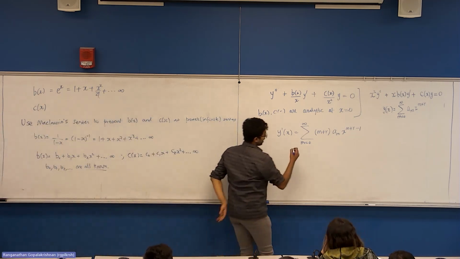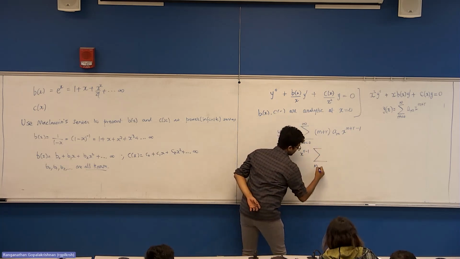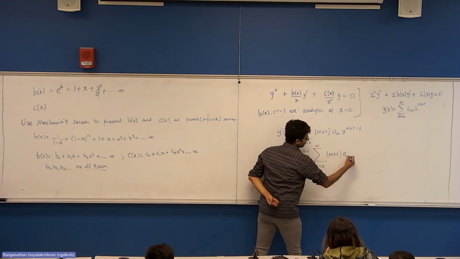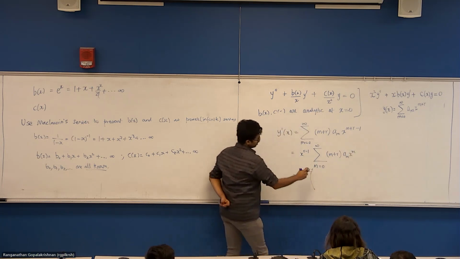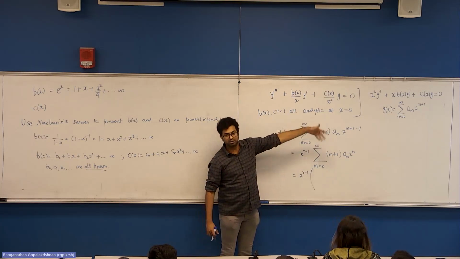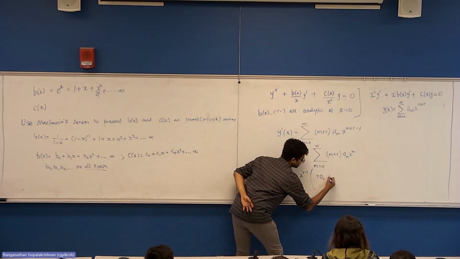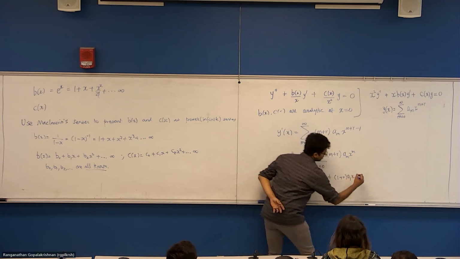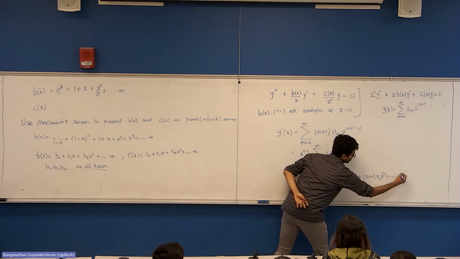That is the same as writing x power r minus 1 multiplied by the infinite series from 0 to infinity of m plus r times a_m x power m. Just generate 3 or 4 terms of this series. m equals 0, m equals 1, 2, and so on. So m equals 0 is r a naught plus 1 plus r a1 x plus 2 plus r a2 x squared and so on up to infinity.